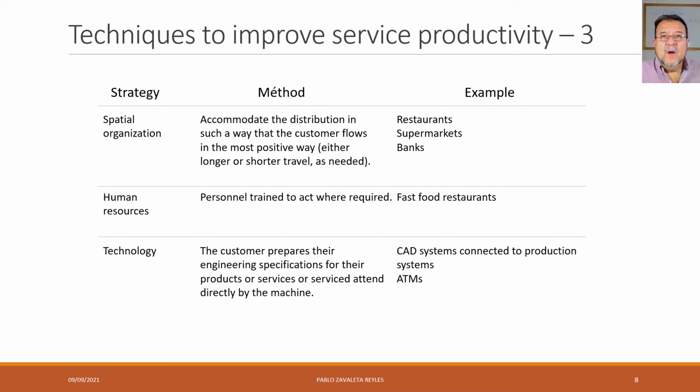where the customer prepares the specifications for what they want, and then the system takes it and creates the service or the product. I remember there was a company in England where you went into the system and you created your furniture, and then the machine took it from your plans, from the CAD systems, the computer assisted design systems.